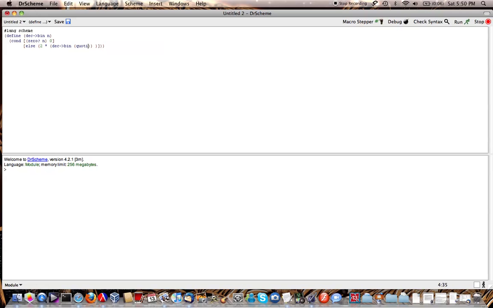Quotient n 2, and we're going to add the remainder n 2. Okay, so that's pretty much the function.